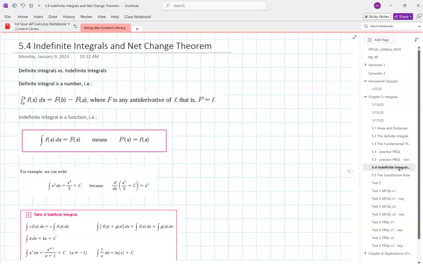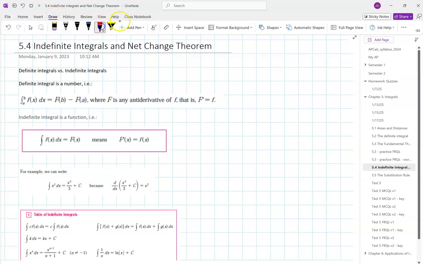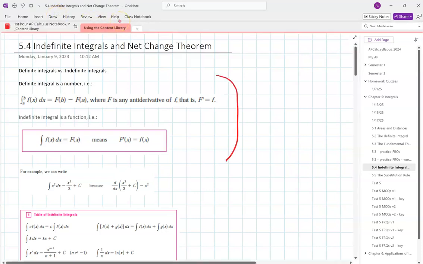The fundamental theorem of calculus part 2 tells us how to compute that number. That's the antiderivative evaluated at b minus the antiderivative evaluated at a. The definite integral is just a number. The indefinite integral is a function. It is the general antiderivative. So that's what all of this is just kind of saying.